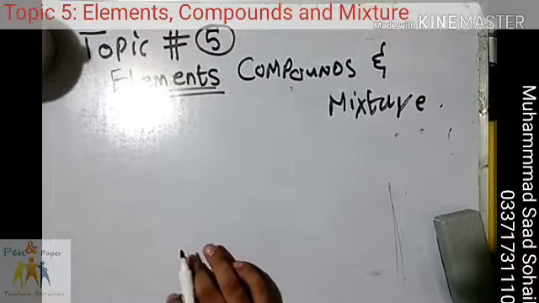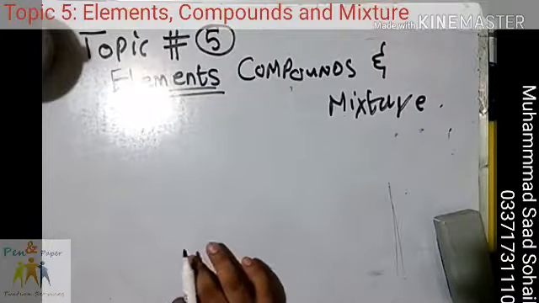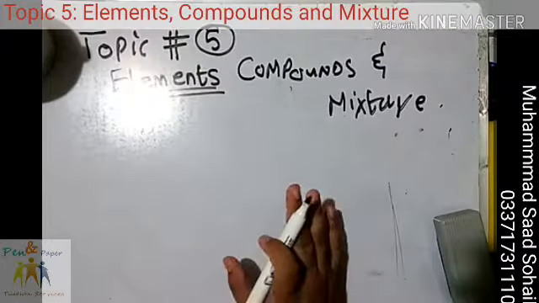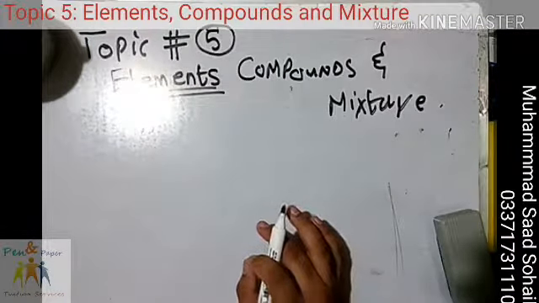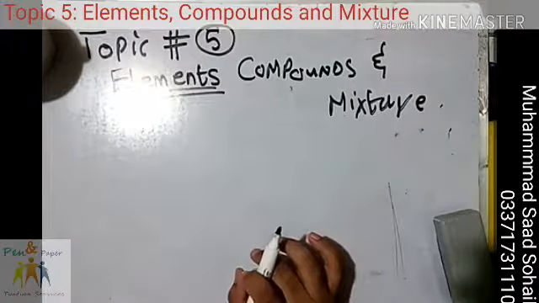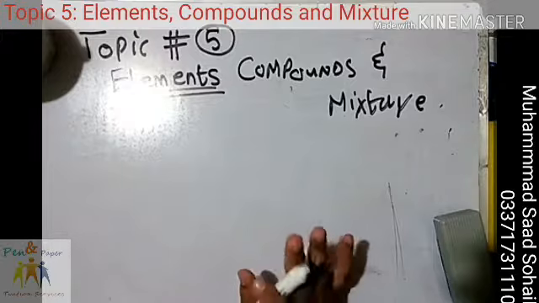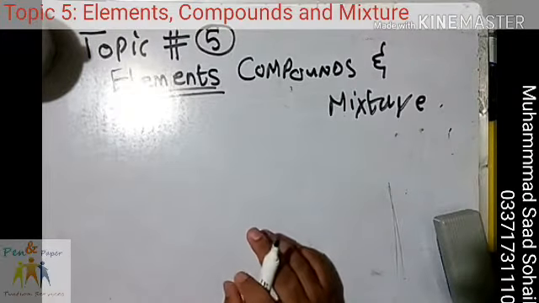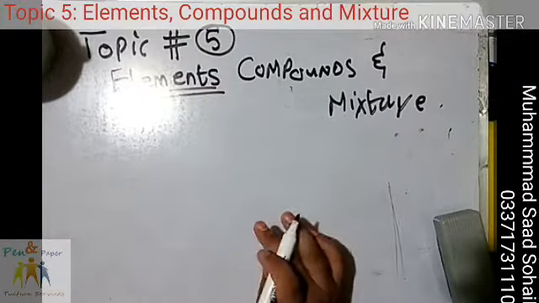Before going into the detail of elements, we need to know that atoms are the smallest particle of matter, something we cannot break down further by chemical means. Single atoms are far too small to see.